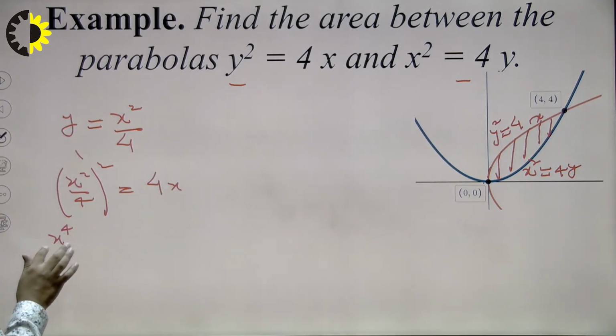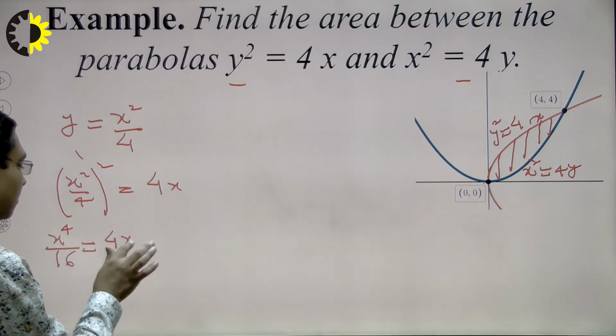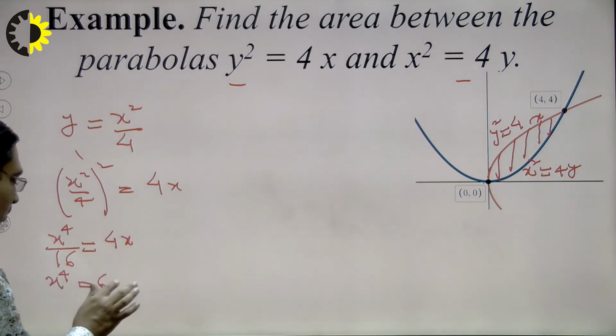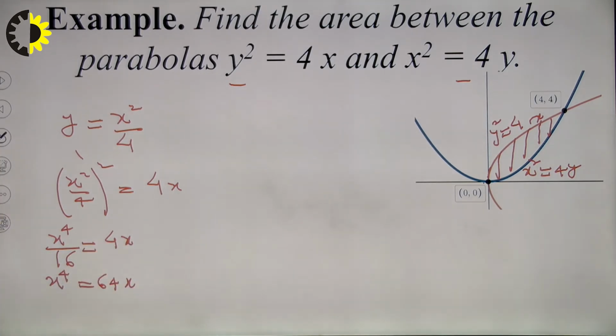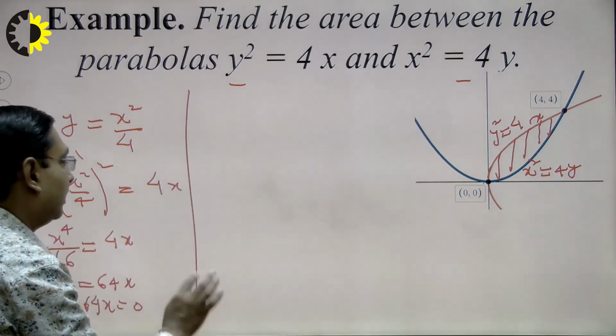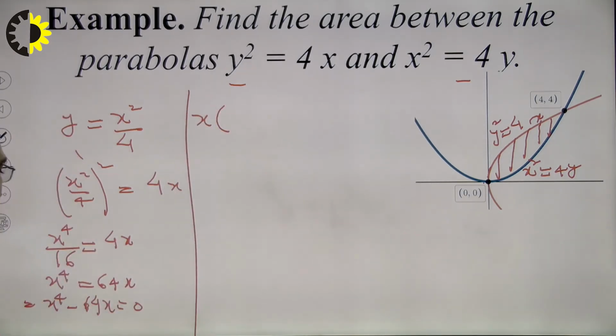It gives x^4 upon 16 equal to 4x, x^4 equal to 64x. It means x^4 minus 64x equal to 0, and by this way I can take x outside.